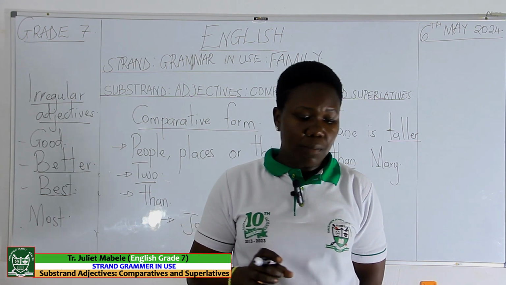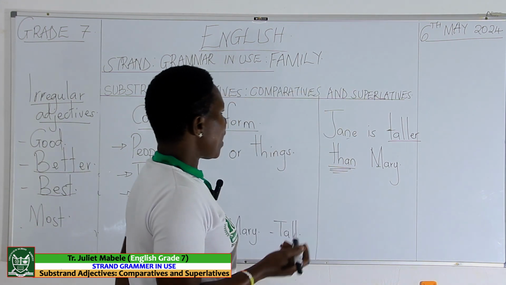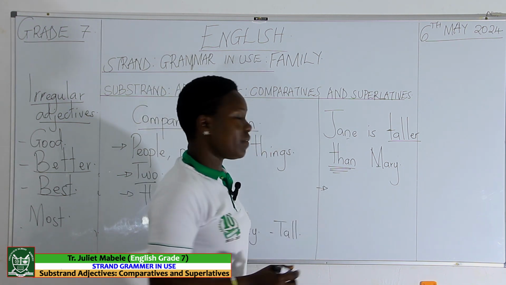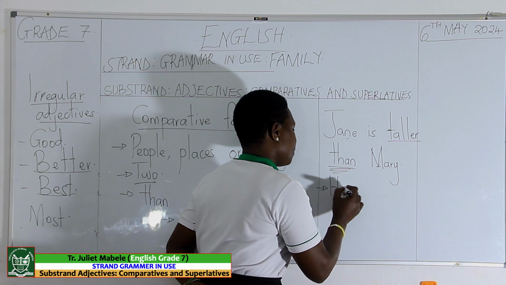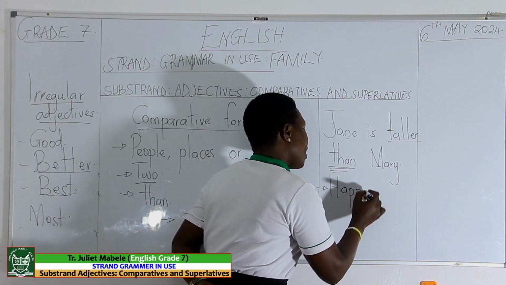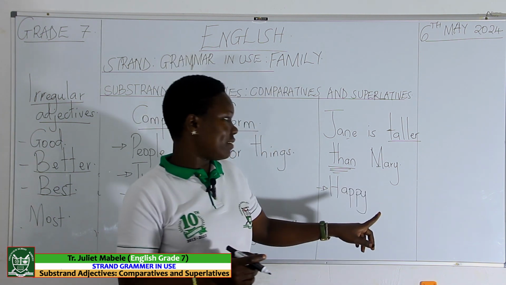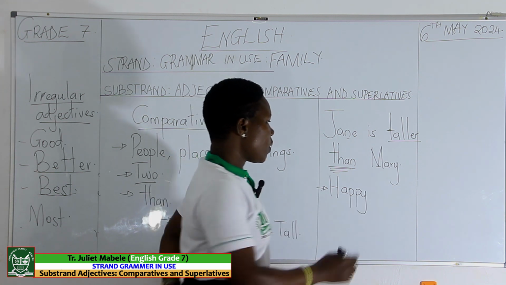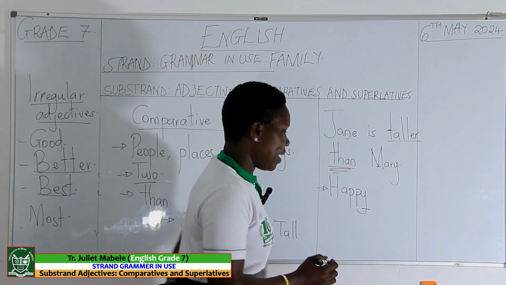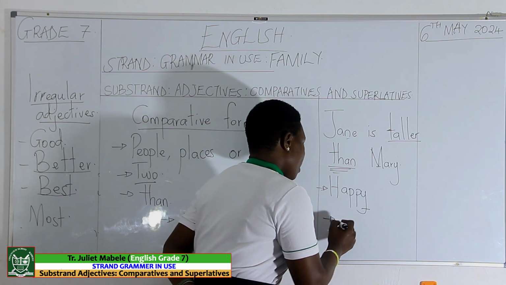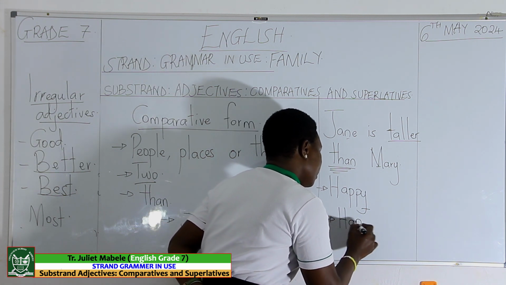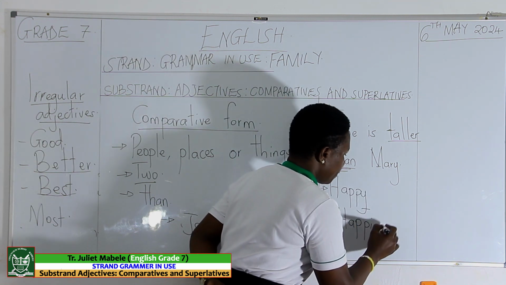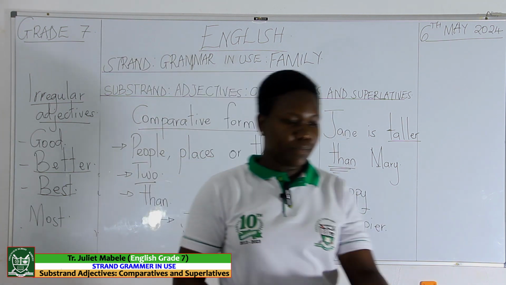Under the comparative form of words again, we have words that can change. For example, we have the word happy. These are words that end with the letter Y. So the comparative form of this word will drop the letter Y and introduce the suffix IER.